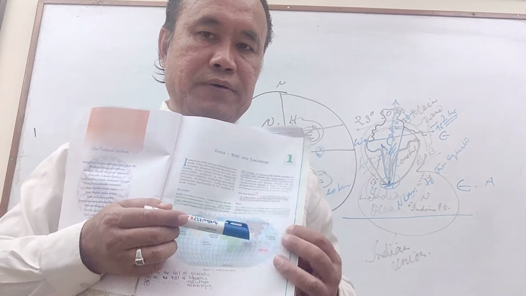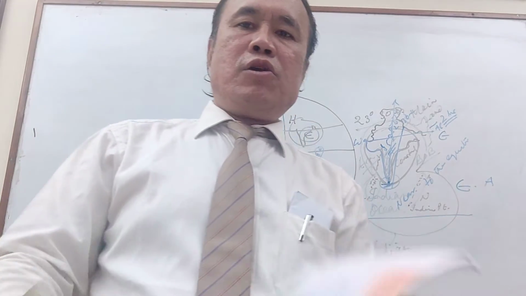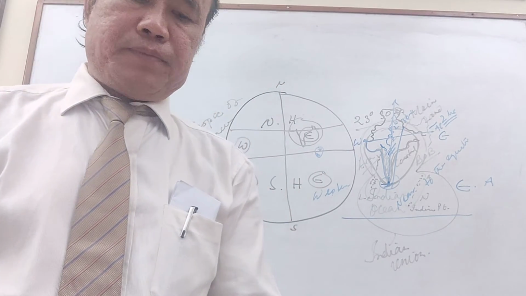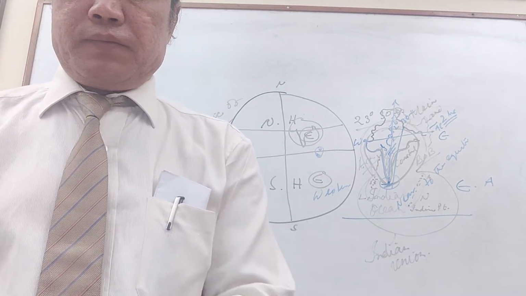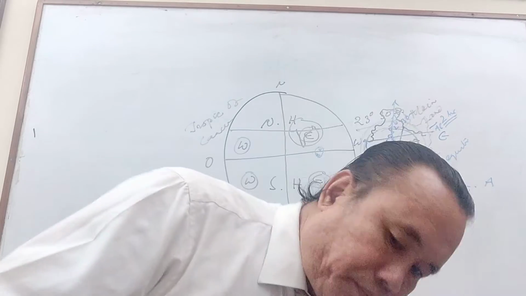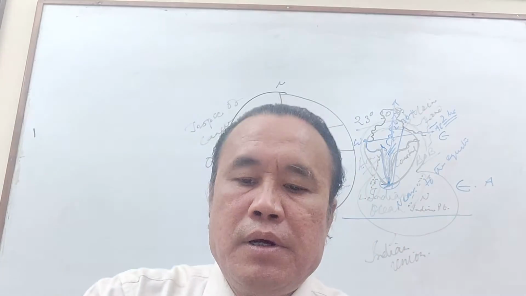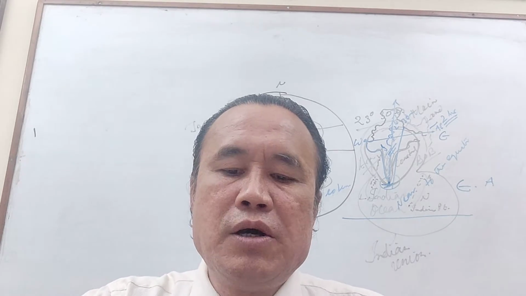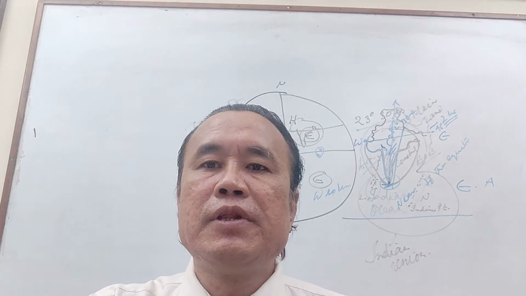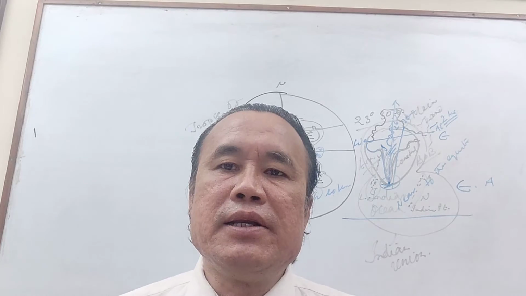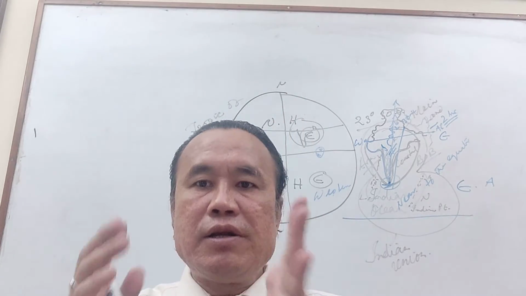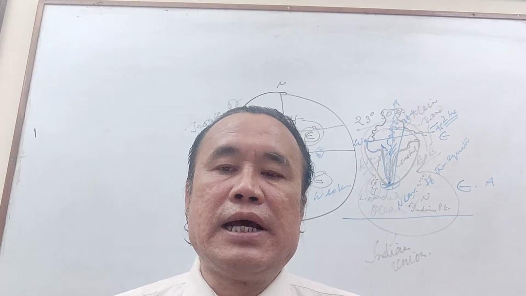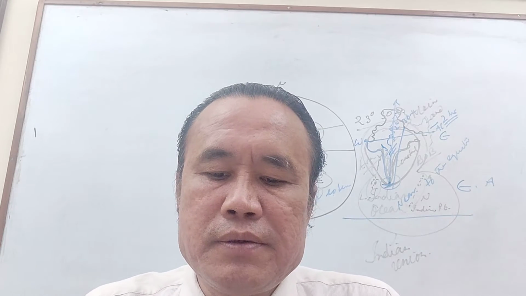The benefit of having a central location is that India is a southward extension of the Asian continent. As you have seen in the map, India is an extension of the Asian continent towards the south.